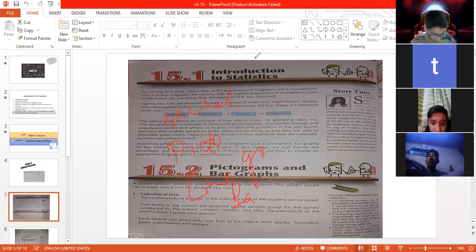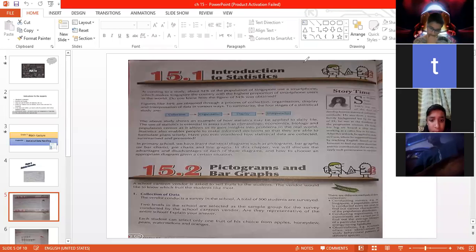So this is the way to display the data, whether the data is going towards the pie chart, the pictogram, the line chart, or the bar graph. Now, at the end of all this procedure, they interpret the results. They will come to know whether 54% of the population are females and 20% of the population are male. So this is the interpretation.